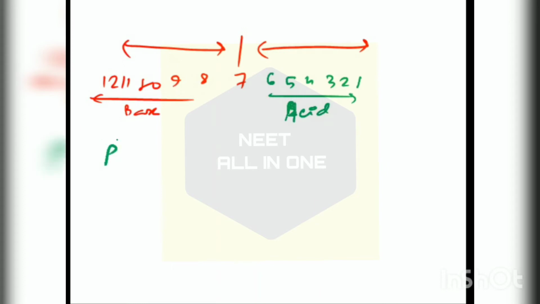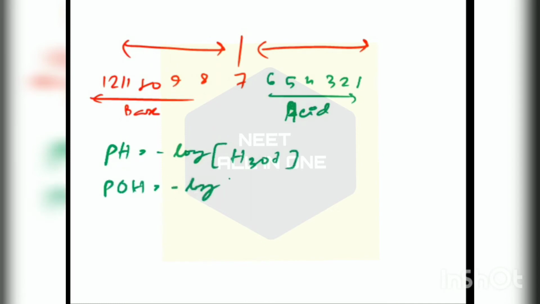So let's write again the formula for acid, that is pH is minus log of H3O plus or H plus, and pOH will be minus log of OH minus. But then what do we do in case of pOH?